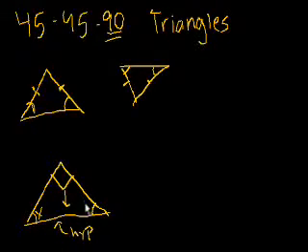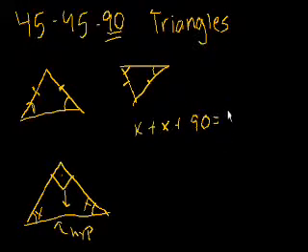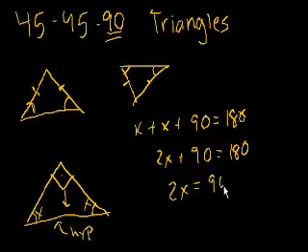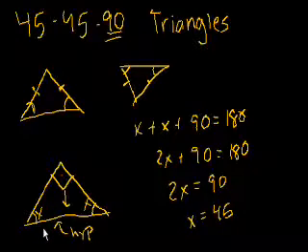Well, if we call these two angles x, we know that the angles in a triangle add up to 180, so x plus x plus 90 is equal to 180, or 2x plus 90 is equal to 180, or 2x is equal to 90, or x is equal to 45 degrees. So the only right triangle in which the other two angles are equal is a 45, 45, 90 triangle.